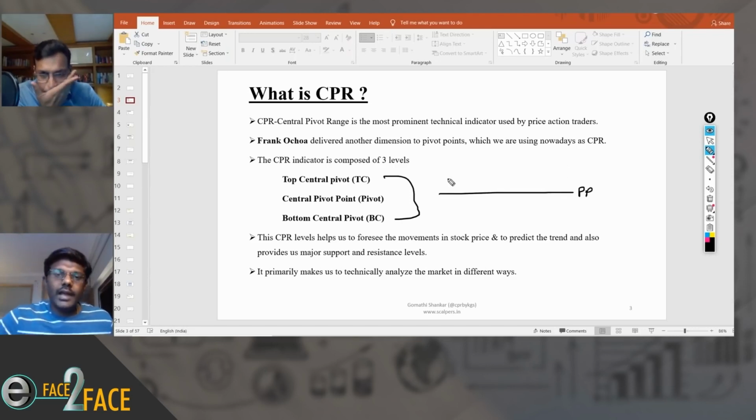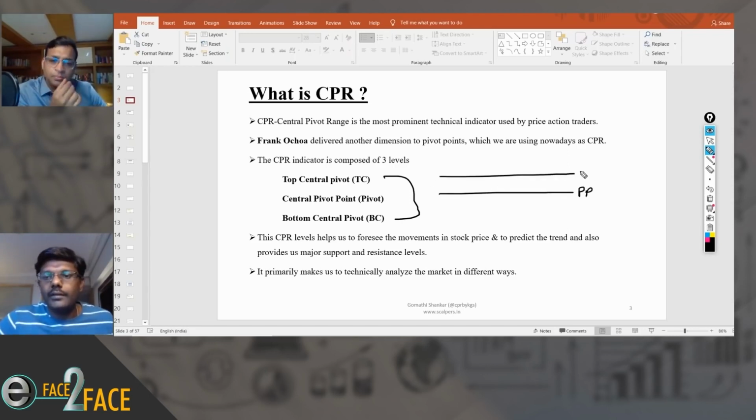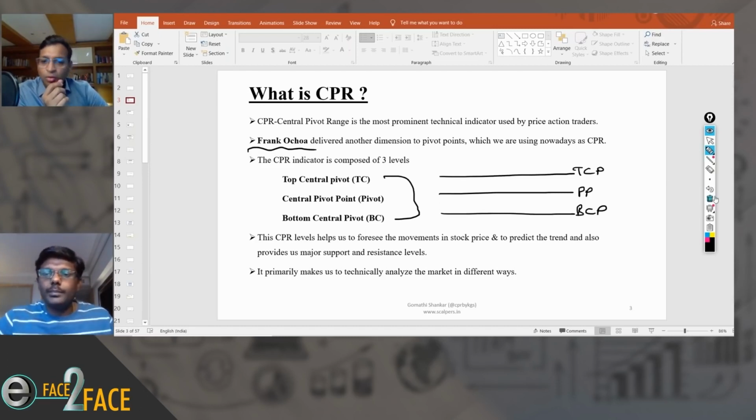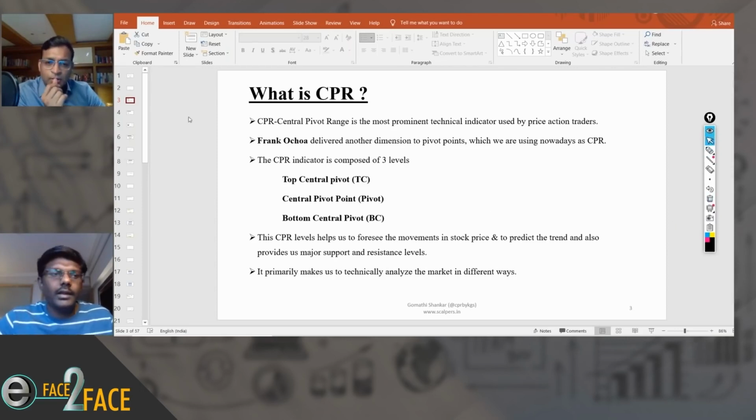Previously in a pivot point we have only a single line, but now we have 3 lines. This is called the top central pivot, and this is called the bottom central pivot. This is the work done by Frank Ochoa, and the resistance and support levels will be as default, as they are.